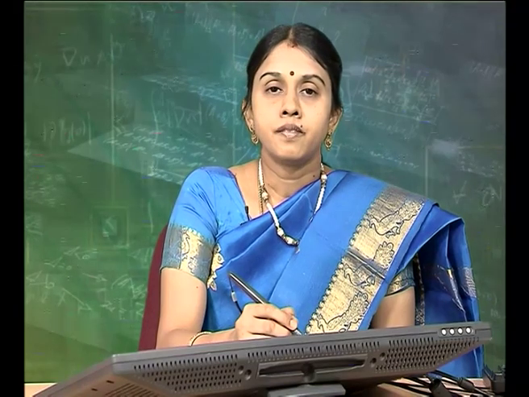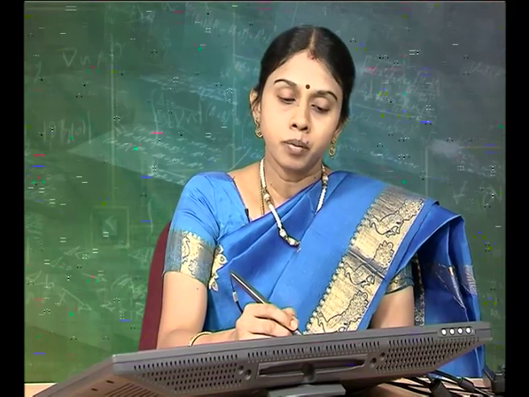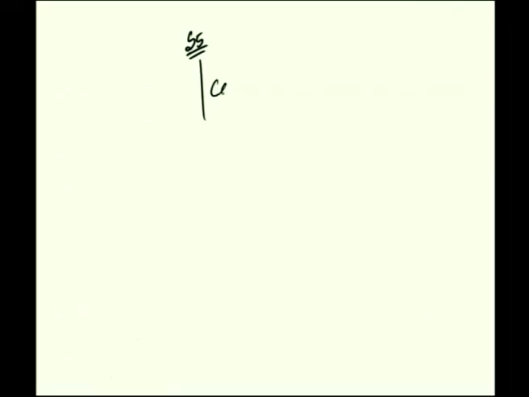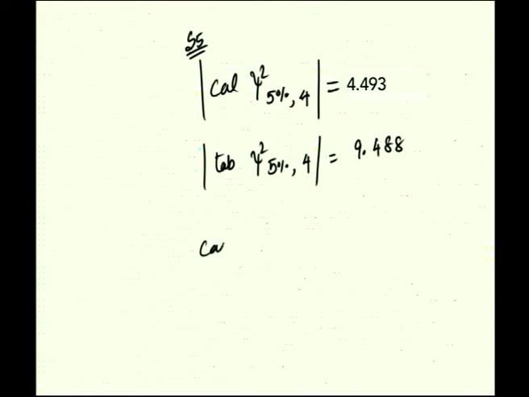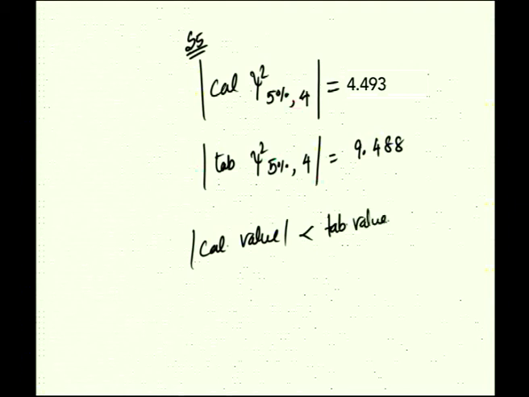Okay. After the calculation of chi-square, now we have come to the comparison part, where calculated chi-square at 5% level of significance, 4 degrees of freedom is just calculated as 4.493, and then tabulated chi-square at 5%, 4 degrees of freedom is equal to 9.488, which is from the tables, and then since the calculated value is less than the tabulated value, H naught is accepted.